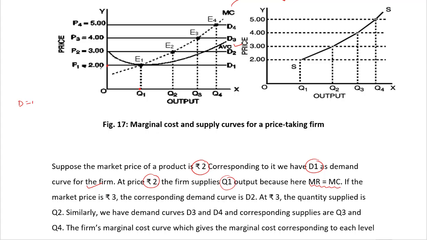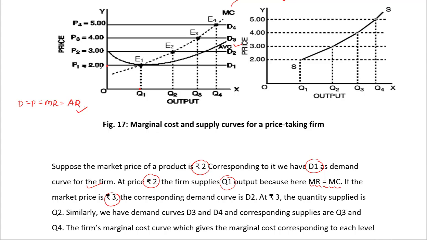We can say that D equals P equals MR equals AR. This is already discussed. So in perfect competition, the MC curve of the firm will depict the firm's supply curve. So S equals MC.